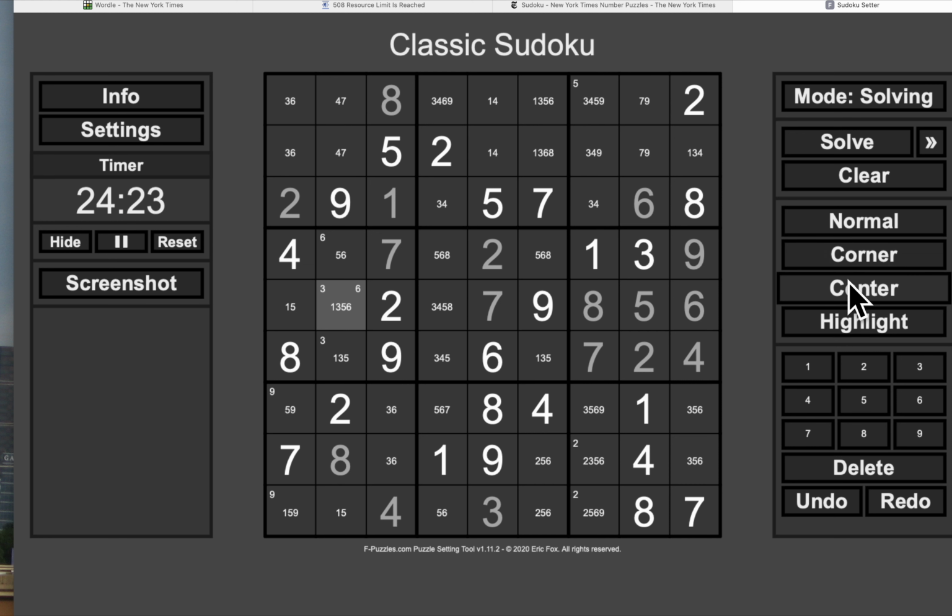Can't be 5 or 6. I just placed it. 8. Oh, that 5 tells me that can't be 5, so that's a 1.